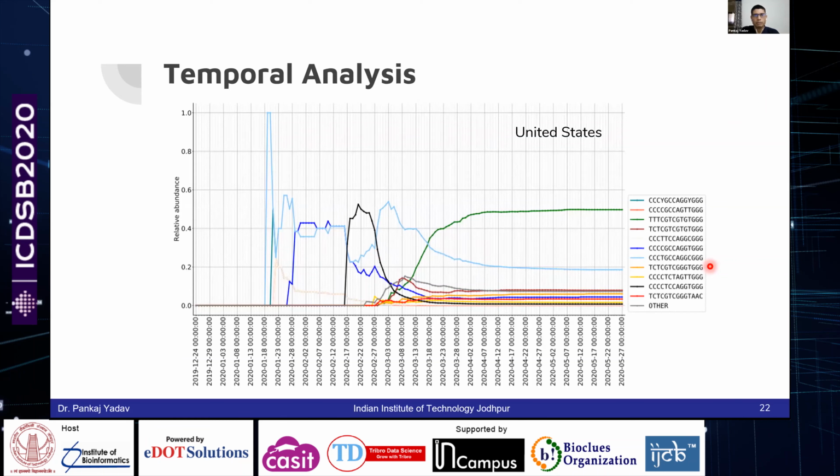This is the scenario for temporal distribution for the United States. In the United States, we had other strain isotypes that were prevalent, but both of them disappeared, whereas the green one became highly prevalent.